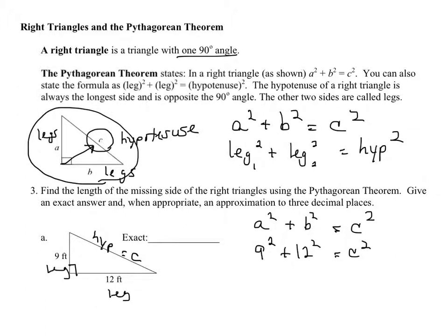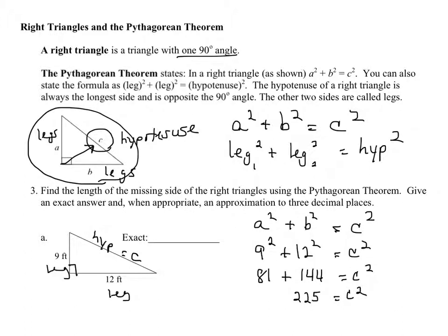Now, people have asked me the question, does it matter what value you put in for a or b? If I switched them around, would it make a difference? And the answer is no. So 81 plus 144 is equal to c squared. So we get 225 is equal to c squared.